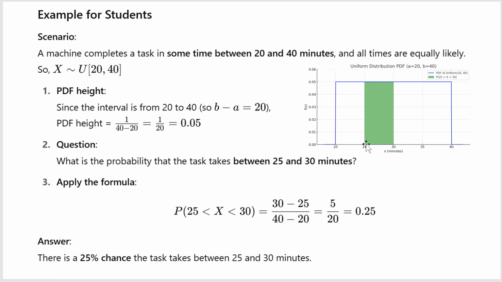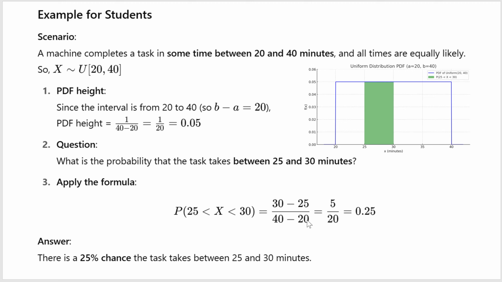Very easy. 25 to 30, that's 5. 5 multiplied by the height, that is the total area under this curve. So 0.05 times 5. That gives you the answer. So 5 divided by 20. So the answer is 0.25.